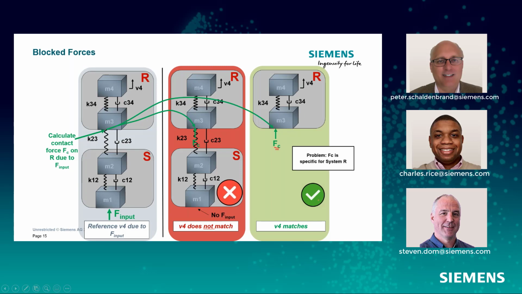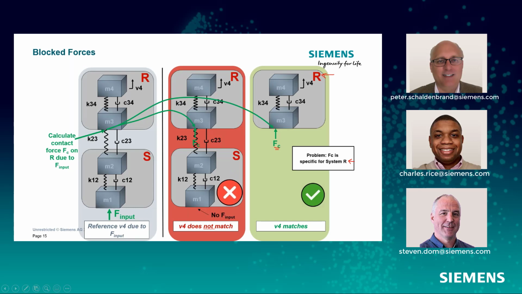And in transfer path analysis, that's good enough. We can identify which path is the biggest or most dominant. But part of the problem is that FC ends up being partly dependent on this receiver system. So it's specific for system R. It's not independent of system R.